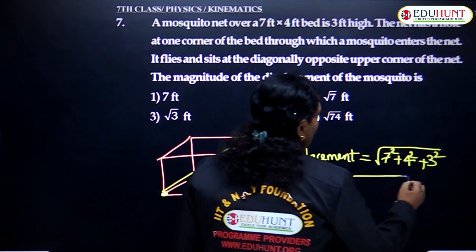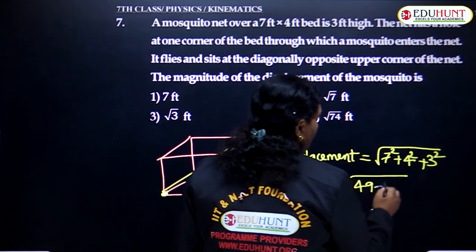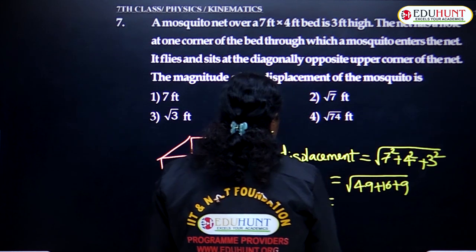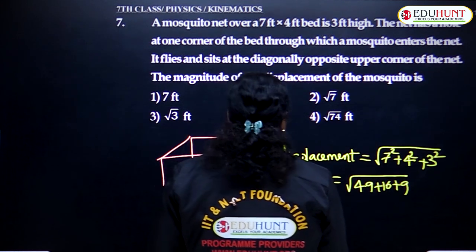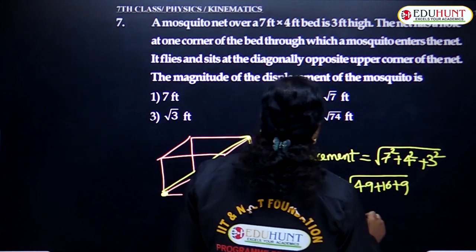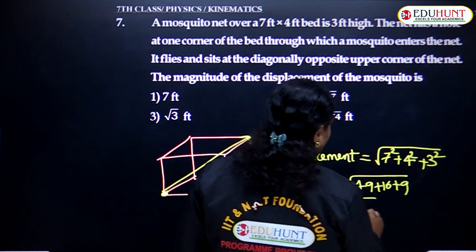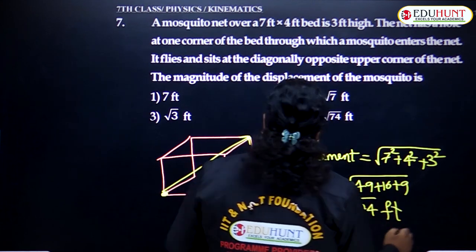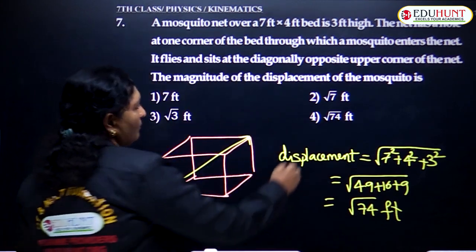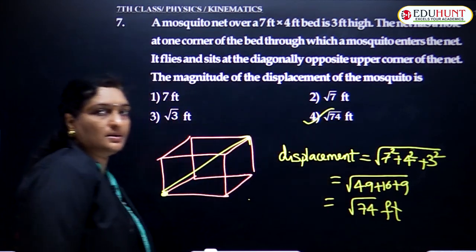Hence the displacement would be 49 plus 16 plus 9. 49 plus 25. Okay, what is the answer, children? Root over 74 feet. The mosquito has covered a distance of root over 74 feet. Hence, the correct option is 4.